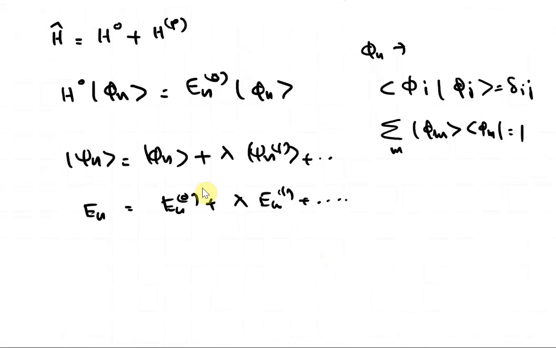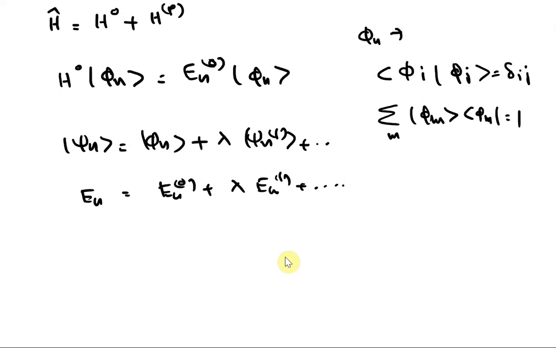In this case, our unperturbed state phi n is degenerate.